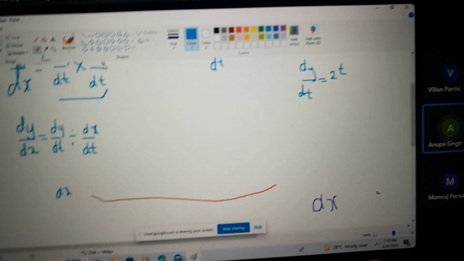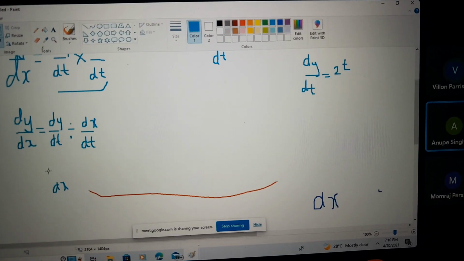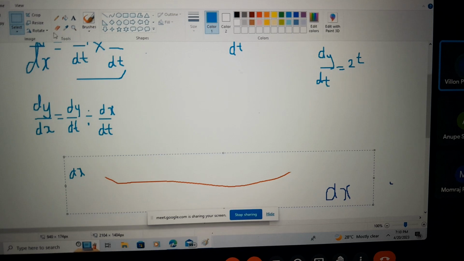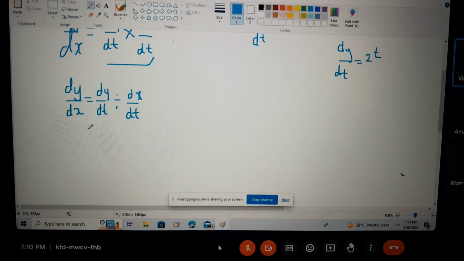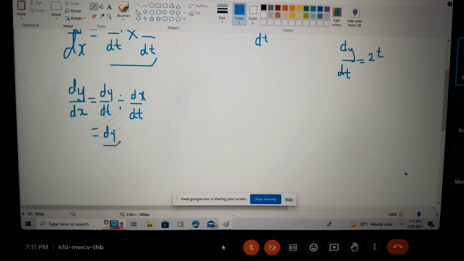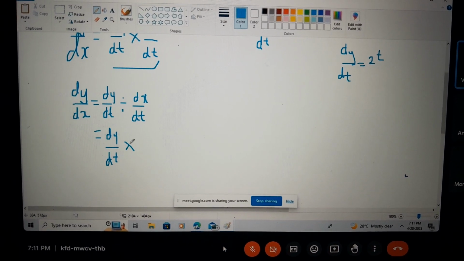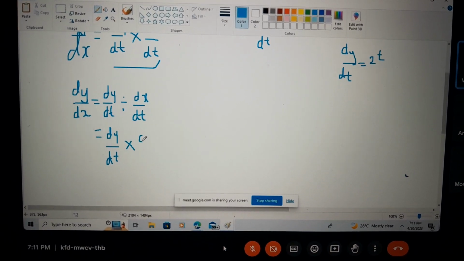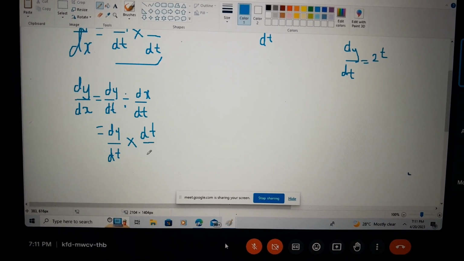Change the division sign to multiplication and upturn, take the reciprocal. Wonderful. So basically what you will get now is dy/dt times, and we upturn, dt/dx.